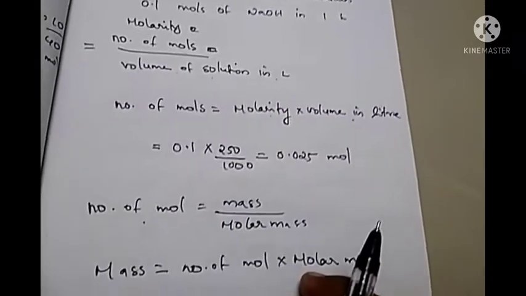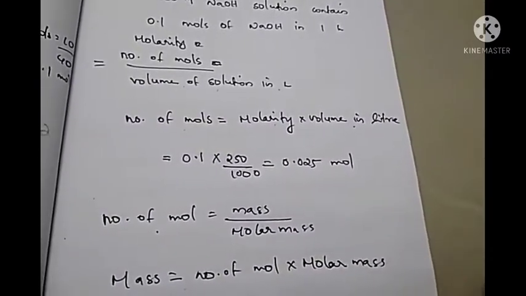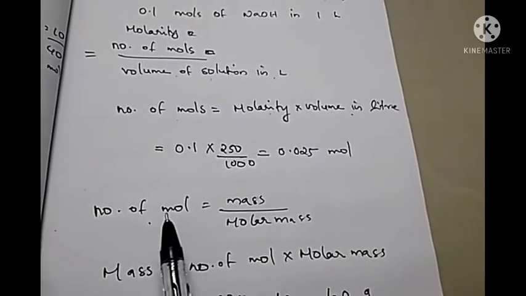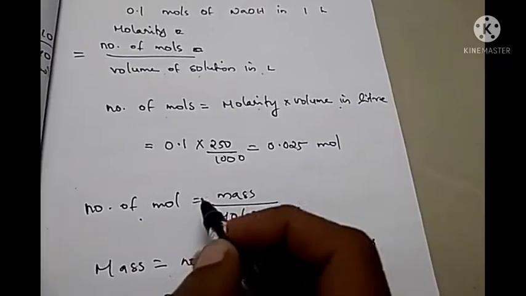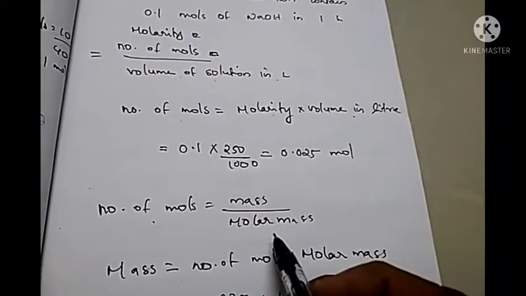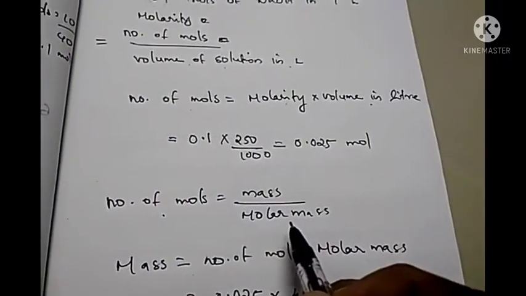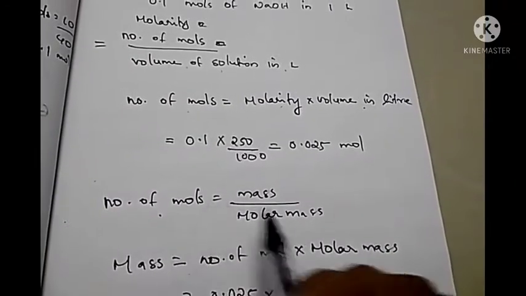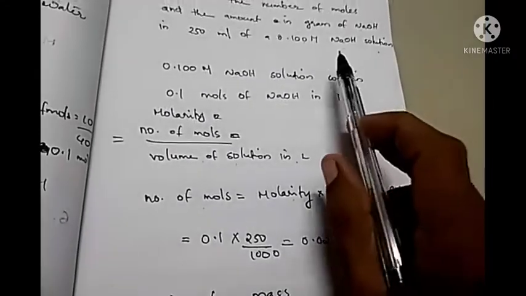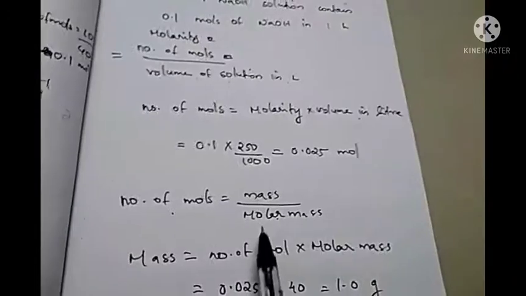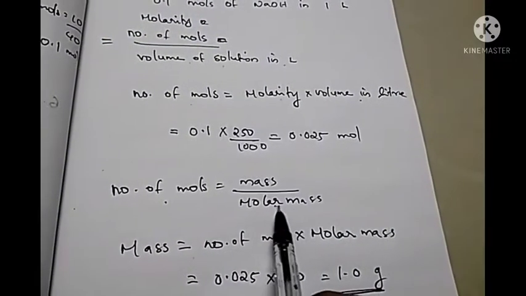So we got the number of moles, and if we know the number of moles, we can calculate the mass using the formula number of moles is equal to mass divided by molar mass. That we know, isn't it? Number of moles is equal to mass divided by molar mass. So we know number of moles and molar mass. NaOH is the solute. So molar mass of NaOH we have to write here.